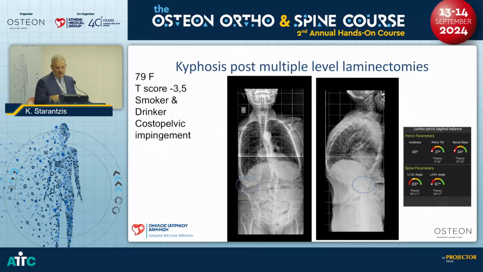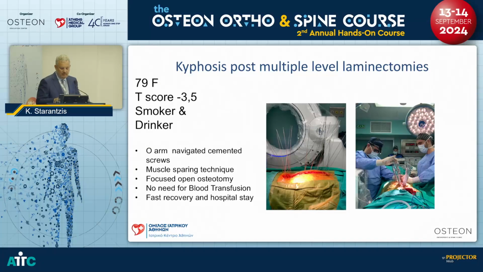So you can see the parameters. They're not very good. We actually did. So we did these navigated, cemented screws. If you want to call it MIS, you can call it, but with this skin incision, it's difficult to call it MIS, but it's muscle sparing.